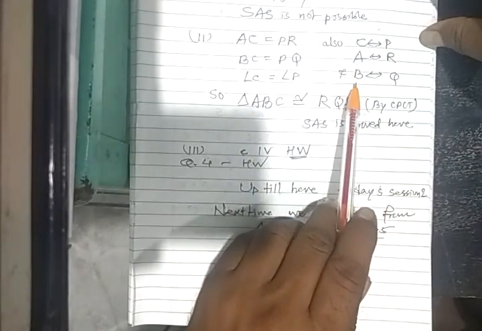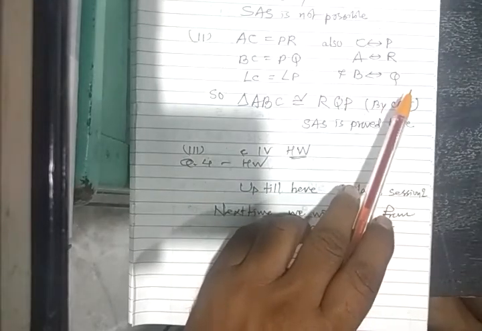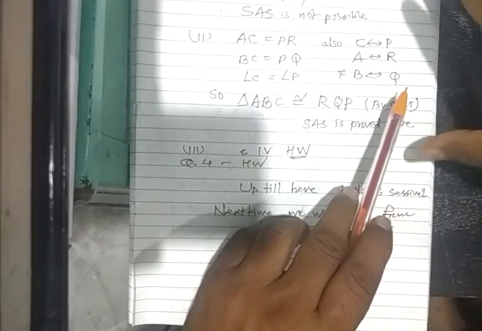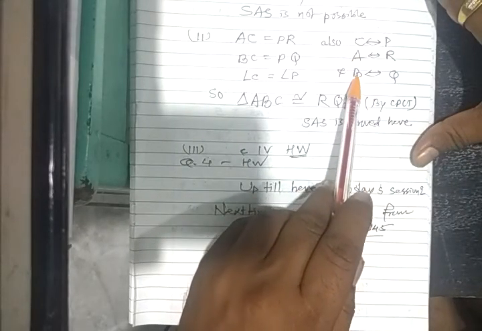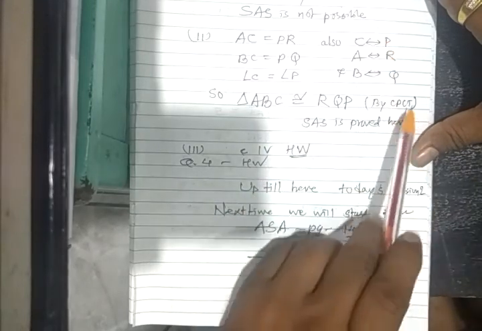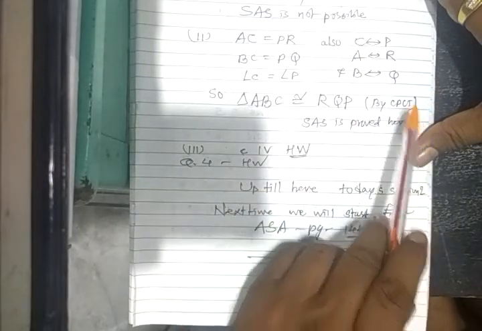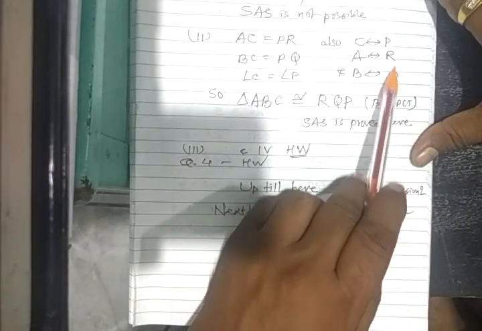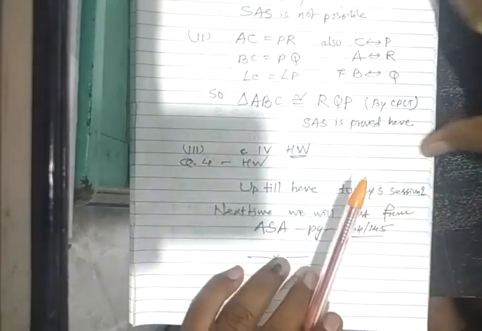If I write down the correspondence like this way, triangles, corresponding triangle. If triangle QRP, then triangle QRP corresponds to triangle BAC. Triangle RQP corresponds to triangle ABC, like this way.